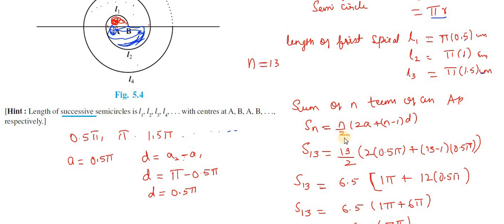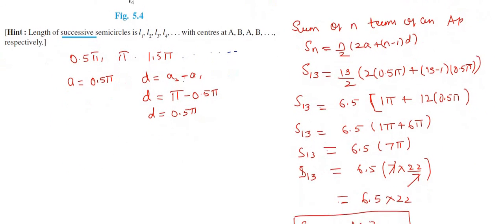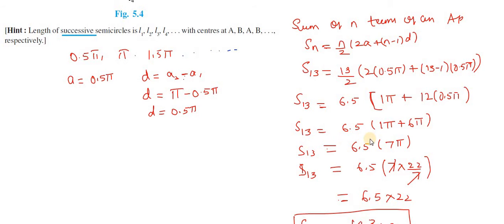S13 is equal to 13 by 2 into 2 into the a value 0.5 pi plus 13 minus 1, that is 12 into 0.5. Now simplify this. S13 is equal to 6.5 into 1 plus 6, that is 7 pi. Then S13 is equal to 6.5 into 7.